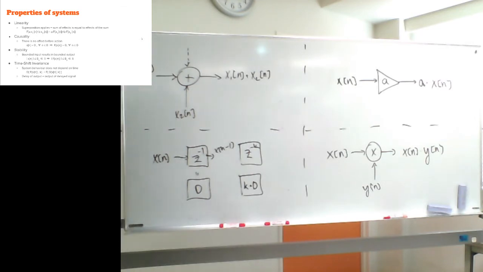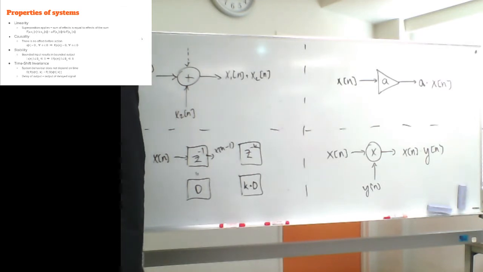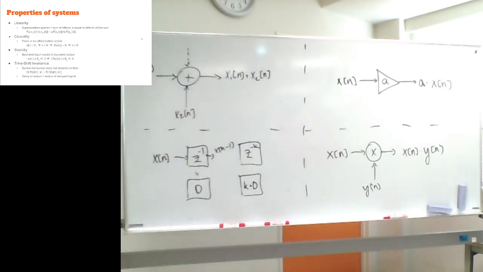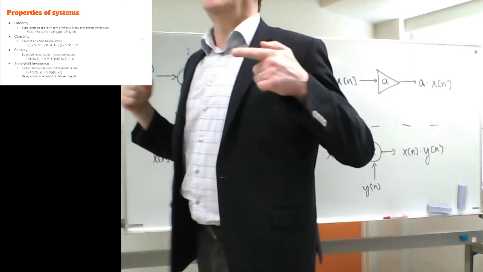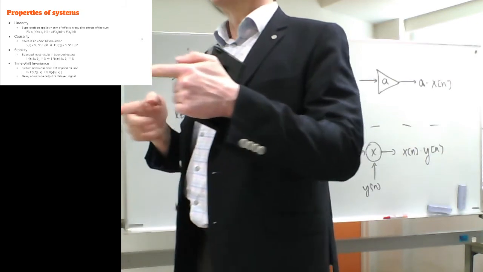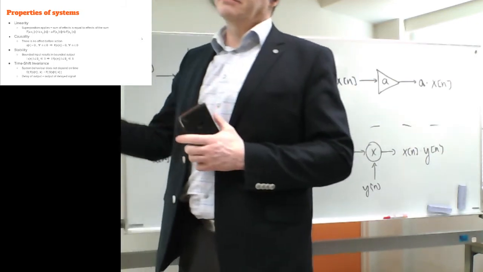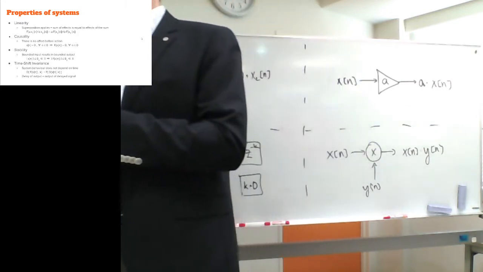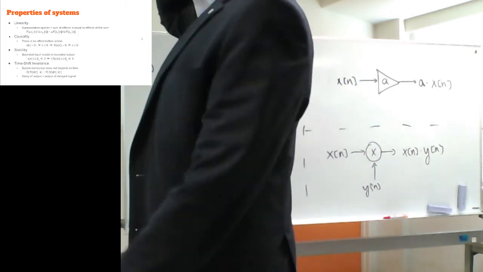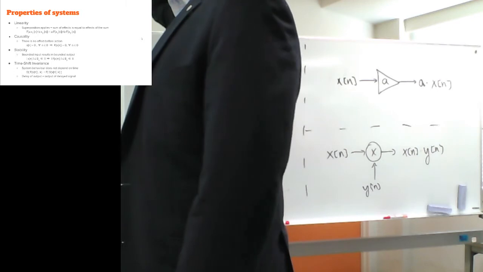So basically, linearity: you can apply the superposition principle. The sum of the input signals produces the sum of the effects in the output. Okay, that's a nice property of a system.